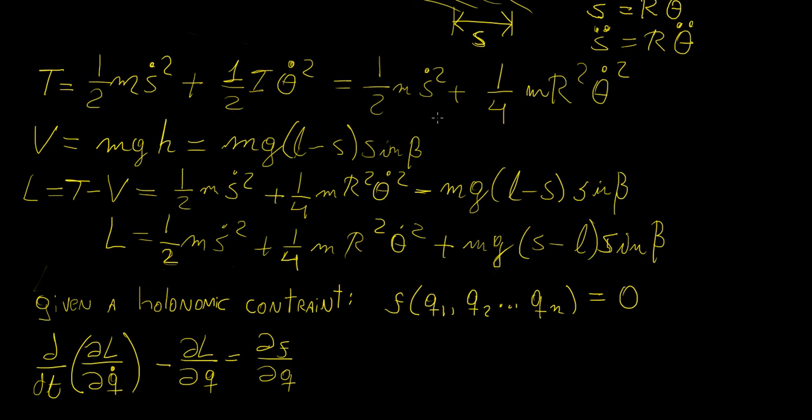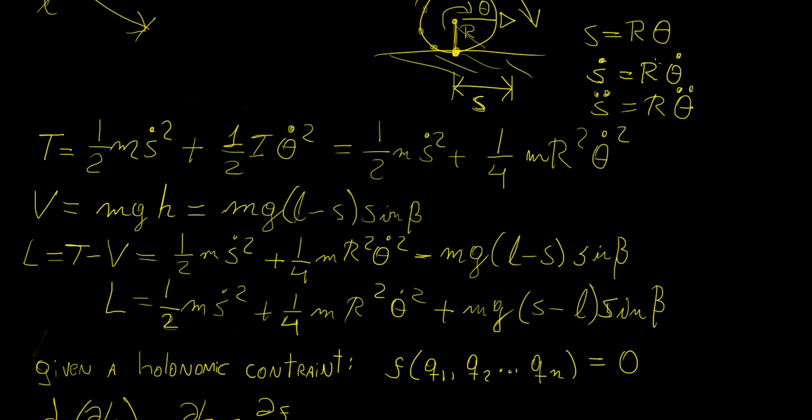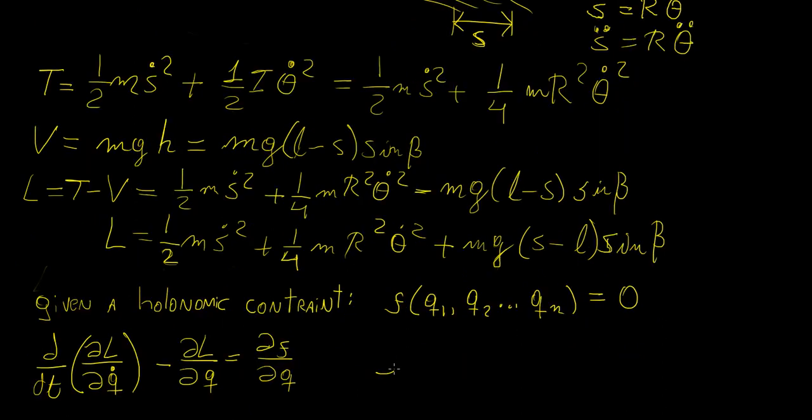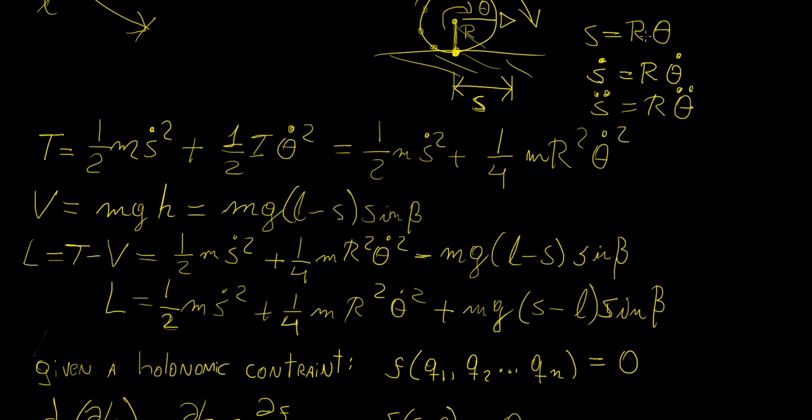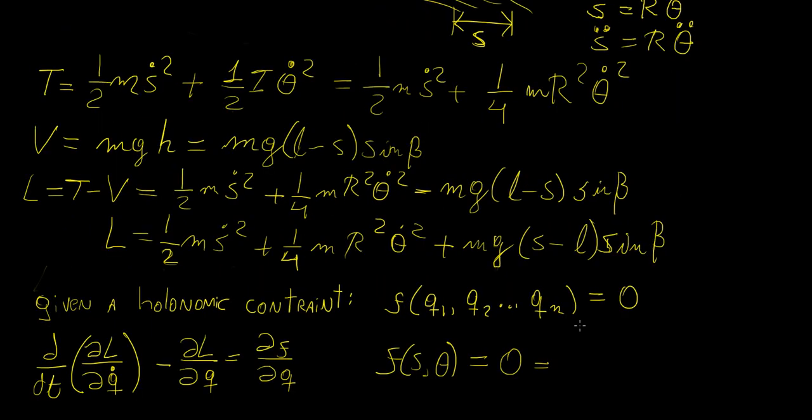So in this case, if we go back here, this is the constraint function. One way we could write this is that f is a function of s and theta. If we want this to be equal to 0, we subtract this from the other side, so we can say f is s minus r theta.